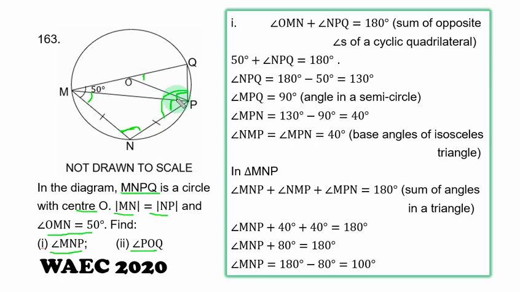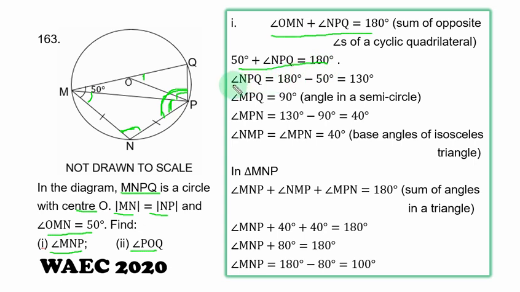When you subtract, you get this other angle. For us to get this entire angle, we have to consider the quadrilateral PQMN, in which this angle and this angle are interior opposite and their sum is equal to 180 degrees. You have this result.